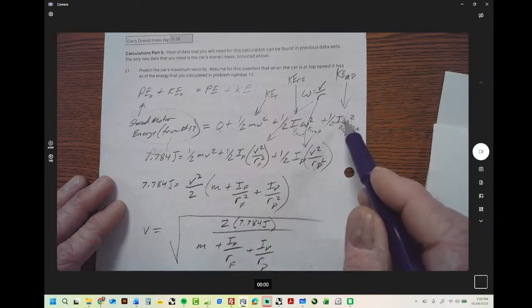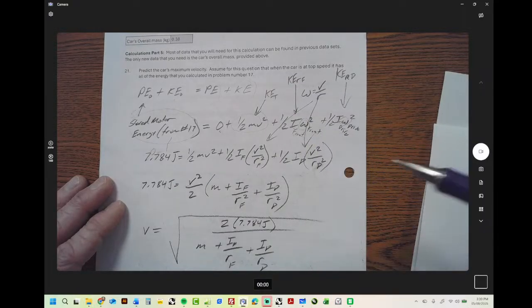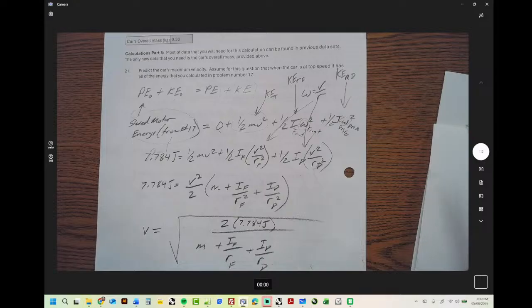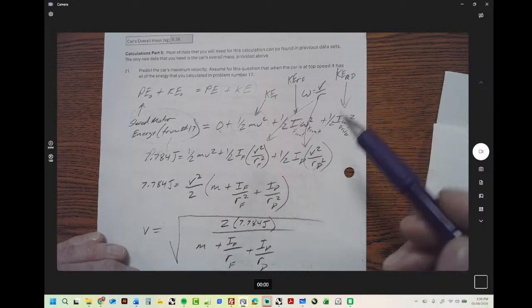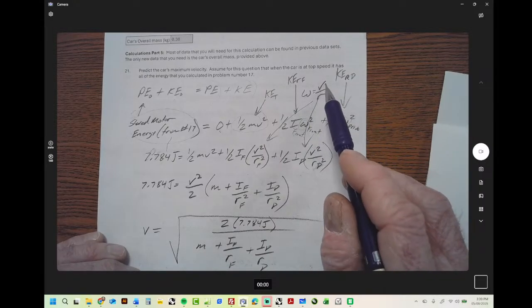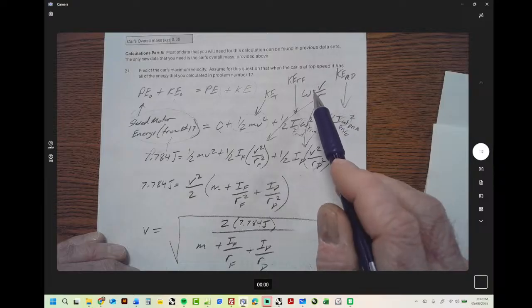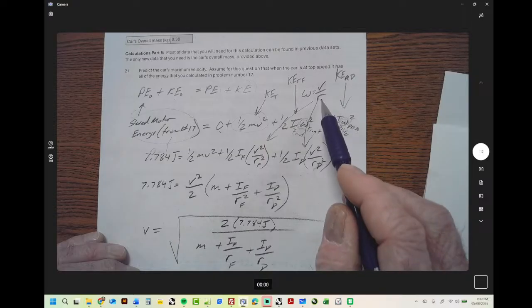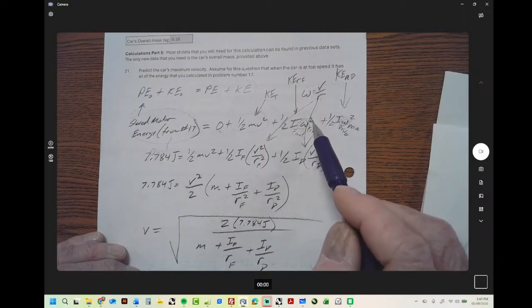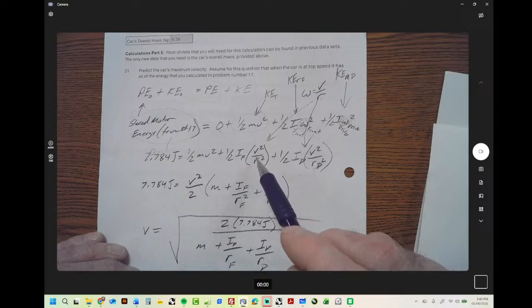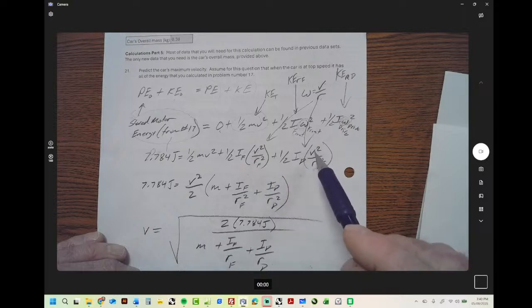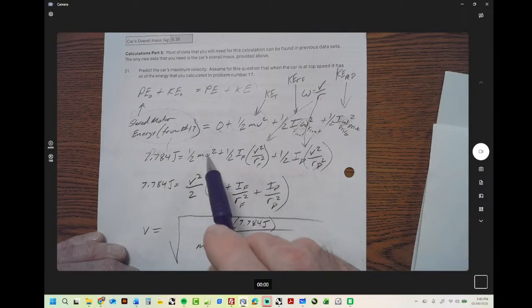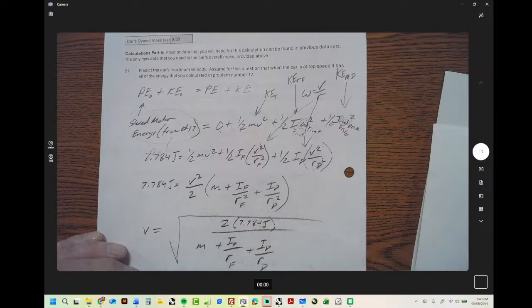With regard to the angular velocity, I do a little substitution because what we're solving for is linear velocity. So angular velocity equals linear velocity divided by r. So wherever there is an omega, here and here, I substitute in a v over r. And since this omega is getting squared, I'm putting in v squared over r squared. Now the v's, this v, this v, this v, those are all the same v's.